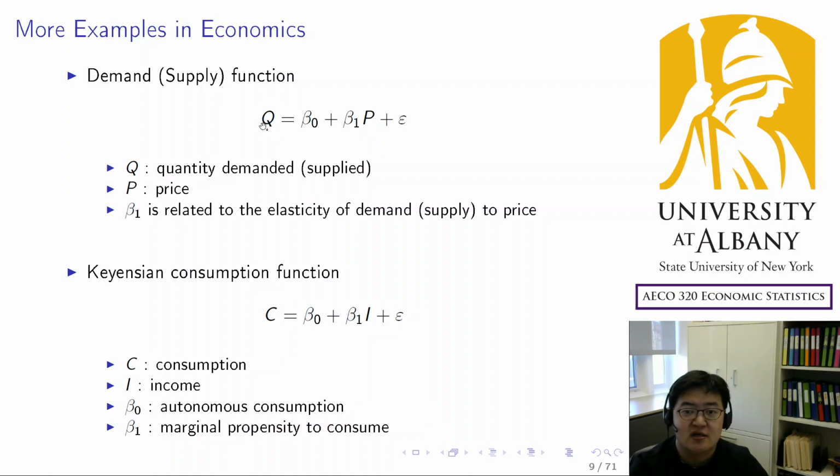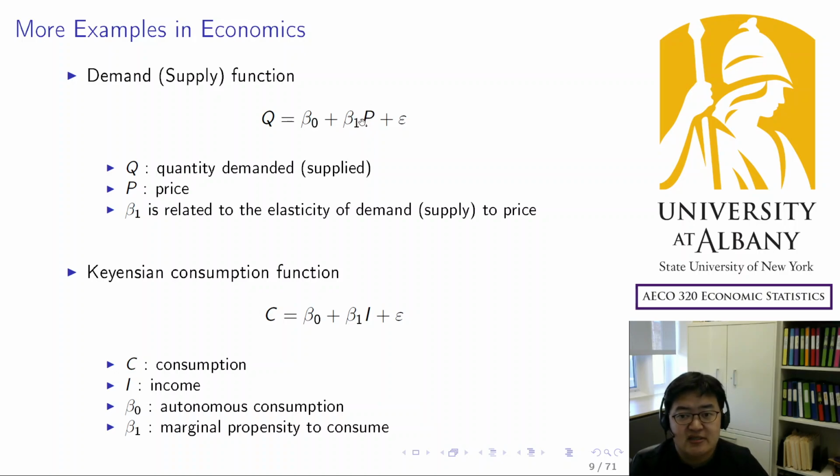Q is the quantity demanded, the demand or the supply, and the demand or supply is determined by the market price. If the price increases, then there will be less demand but more supply. So beta 1 captures the change.